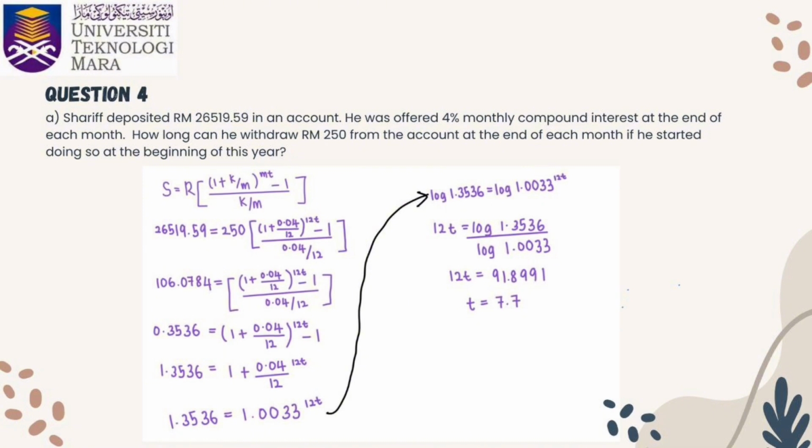So the formula is S equals R times [(1 + k/m) to the power of mt minus 1] divided by k/m.